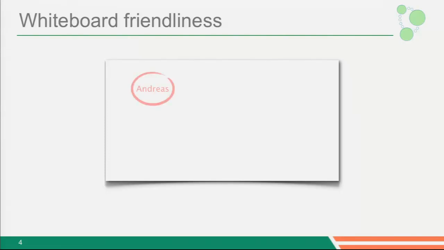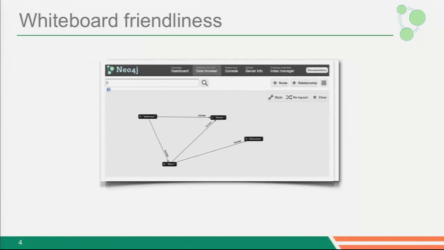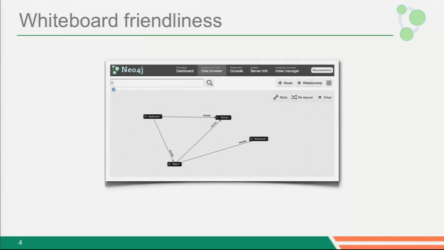What we found over time was that if you have a domain expert model a domain, it ends up very frequently as a graph. And what we found out with customers, when we built these systems, was that 6 months down the line when we put it in production, we saw a one-to-one mapping between what was on those original whiteboards and what ended up in the graph in the database in production, which is kind of interesting.